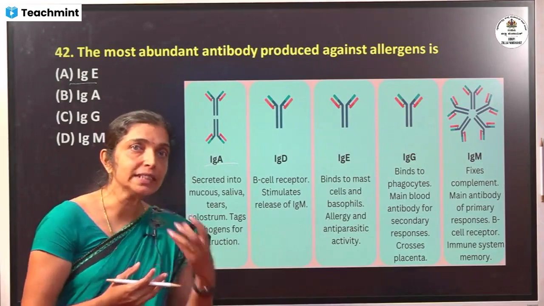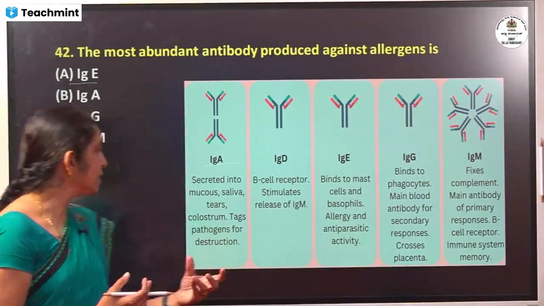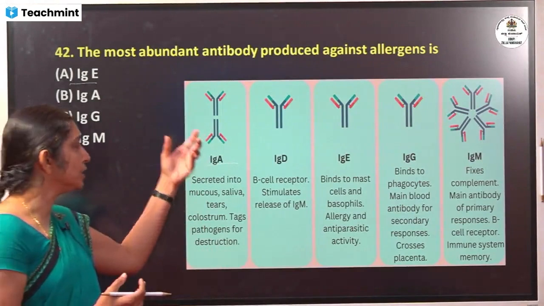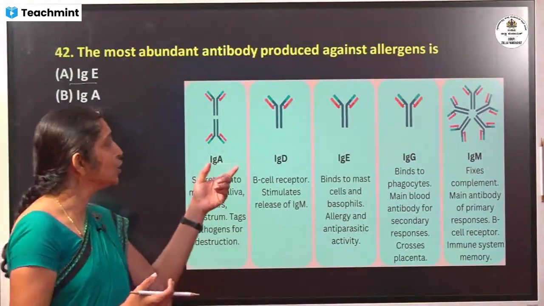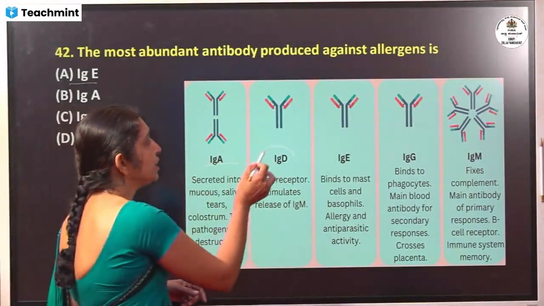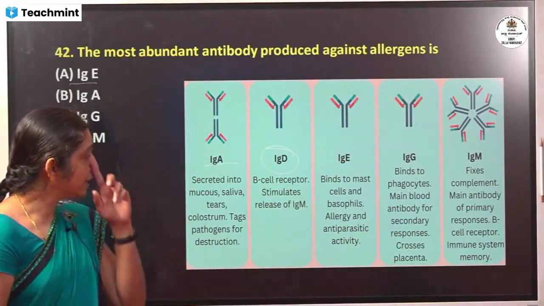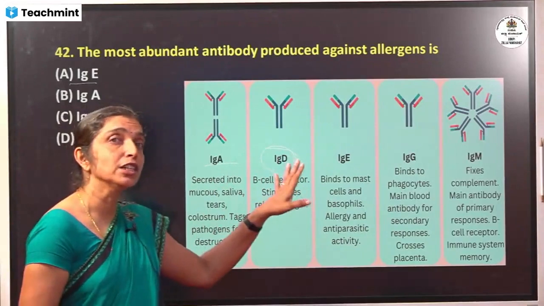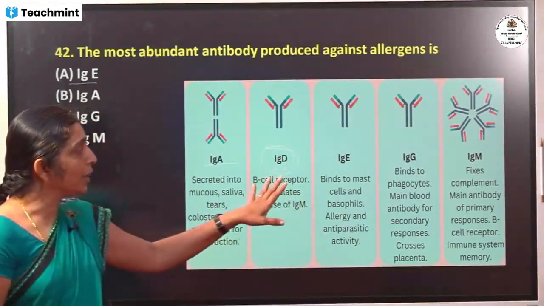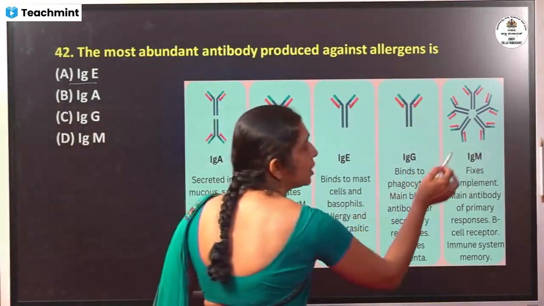It's a secretory one, mainly meant to tag the pathogens for destruction. Then we have IgD, which is your B cell receptor, and this actually stimulates the release of IgM.